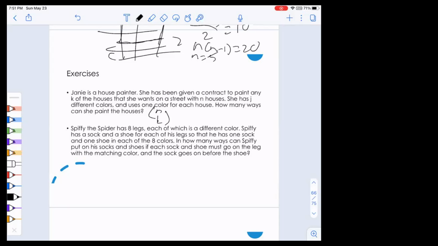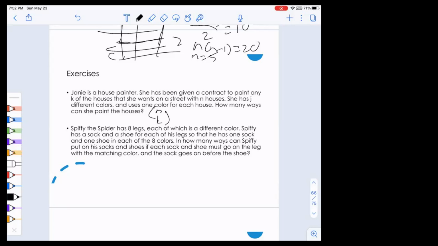Second, for each of the K houses, Janie has to choose one of her colors to use. The choice of color for each house is independent of her choice for the other houses. So to get the total number of ways she can choose colors, we multiply the choices for each individual house.